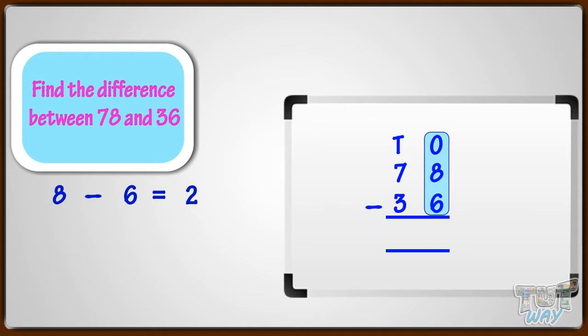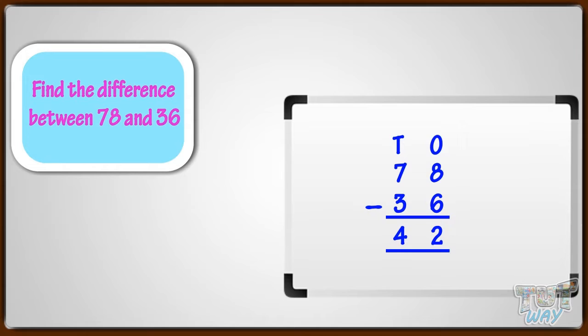Now, write the difference below ones place digits. Now, find the difference between the digits at tens place. And write the difference below tens place digits. So, 78 minus 36 equals 42.